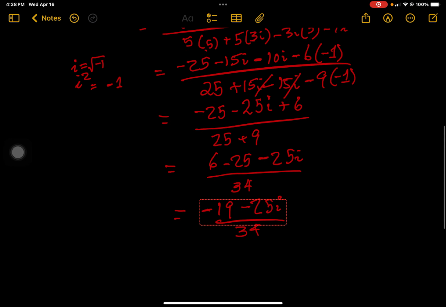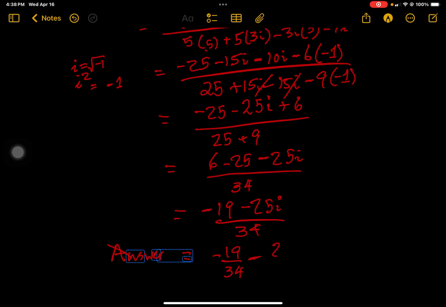Or you can simplify by dividing each term in the numerator by 34. So the final answer can be written as minus 19 over 34 and then minus 25 over 34 i. Basically, in the last step I just divided each term in the numerator by the denominator.